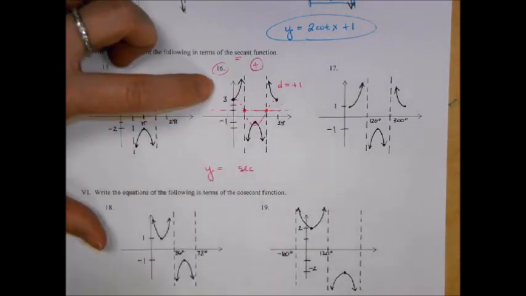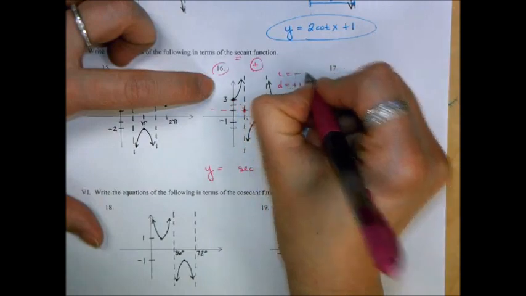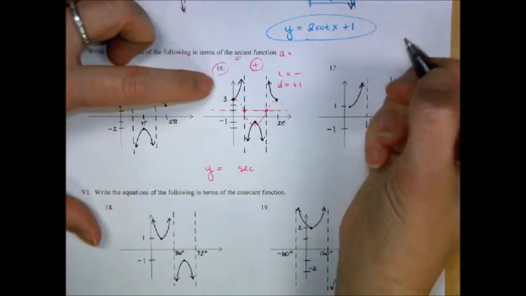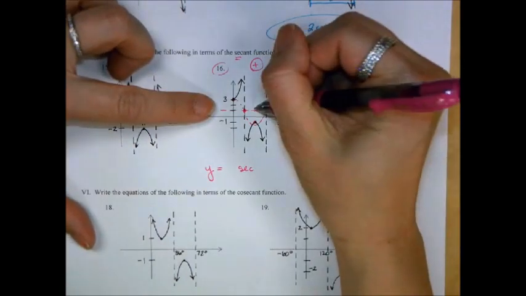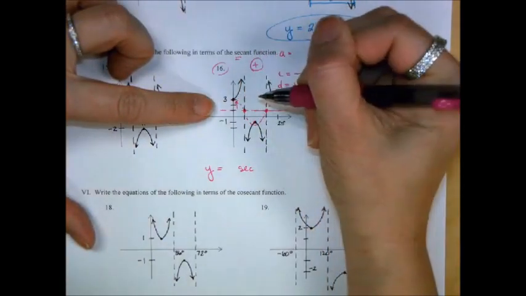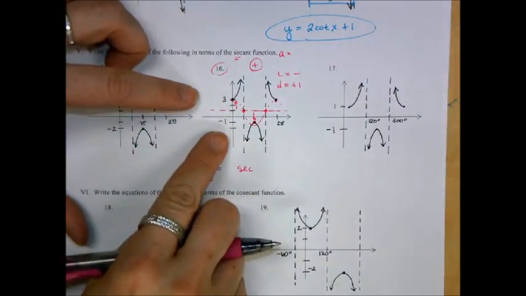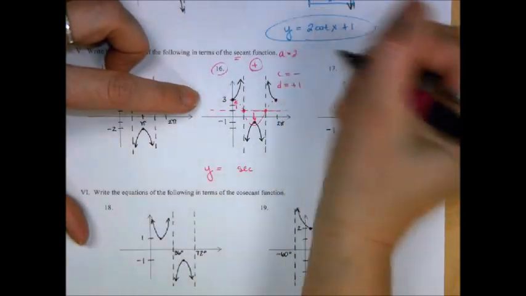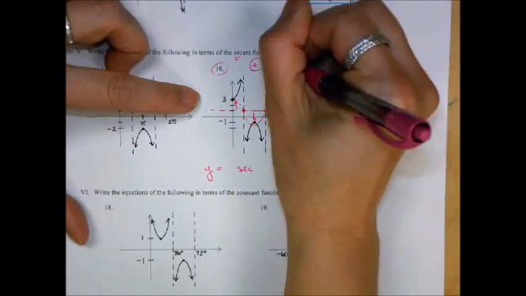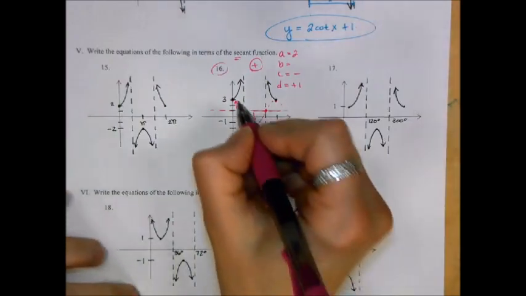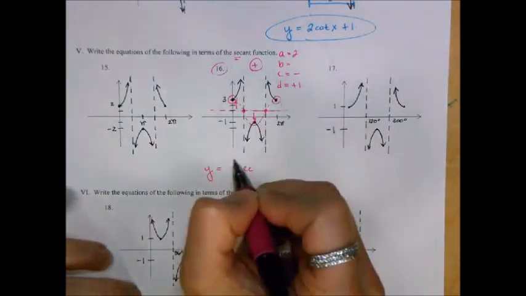So let's talk about a. That should be the distance from my equilibrium to the maximum, or the equilibrium to the minimum. So that's 2 units up, 2 units down, and a is 2. For the value of b, we're just looking at the period length. So beginning to end of cosine, we have a total length of 2 pi.